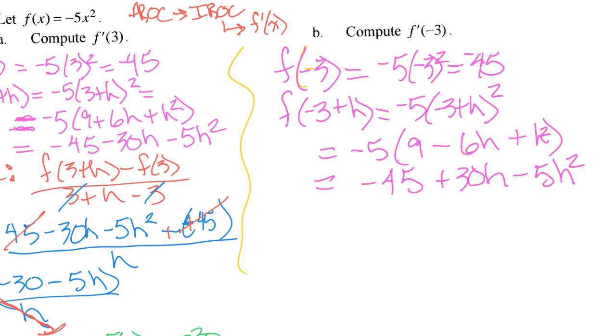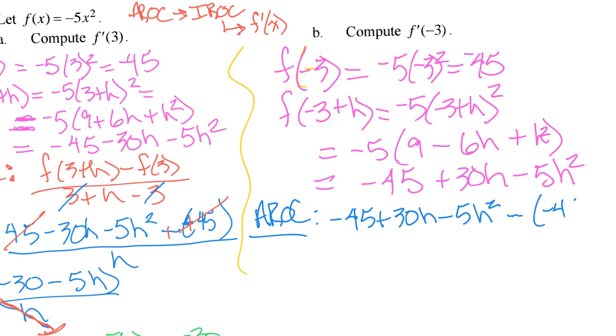Okay, let's jump into our AROC. So we will have negative 45 plus 30h minus 5h squared minus negative 45. Again, add the opposite. Whoops, guys, let's back up here a little bit. Almost forgot my all over h.